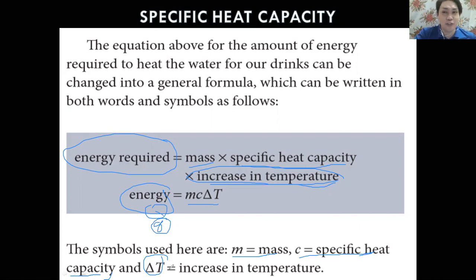Again, how do you solve for the increase in temperature? You will just subtract the final temperature, T sub F, from the initial temperature, T sub I. That's how you get the increase in temperature. Just get the difference between the final temperature and initial temperature.